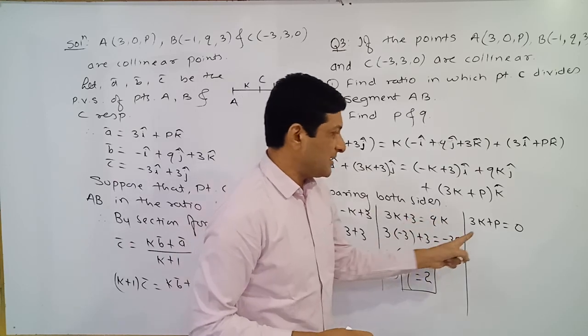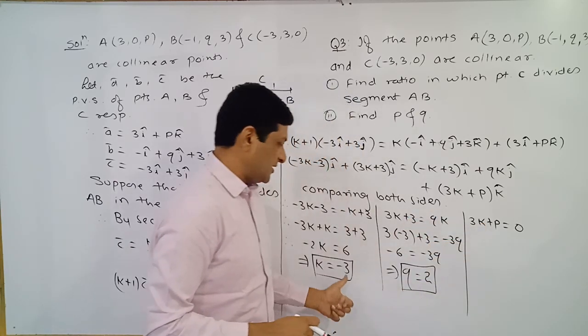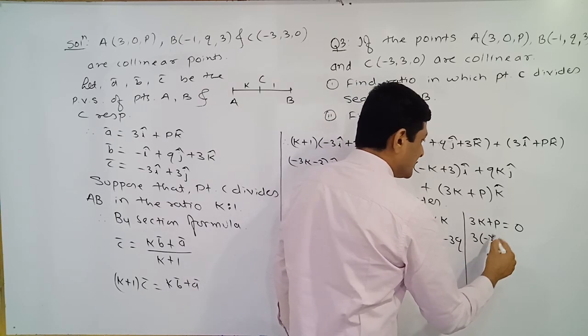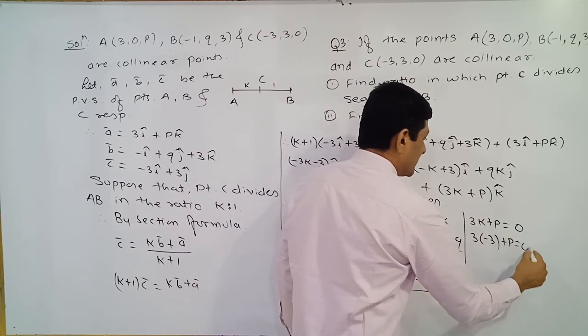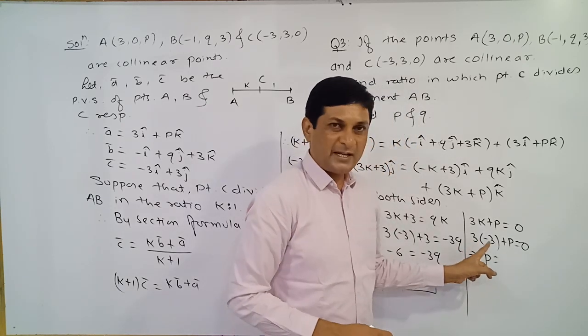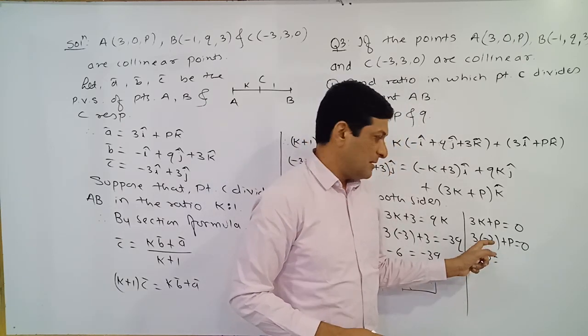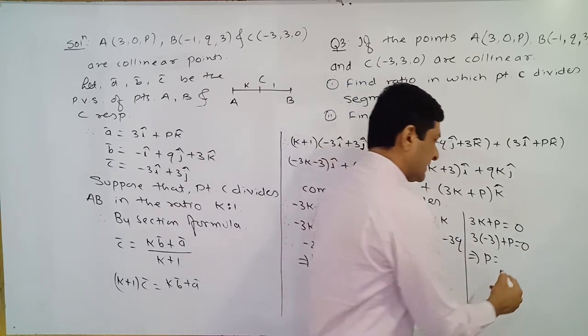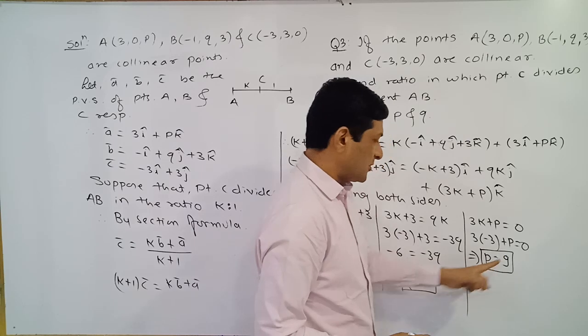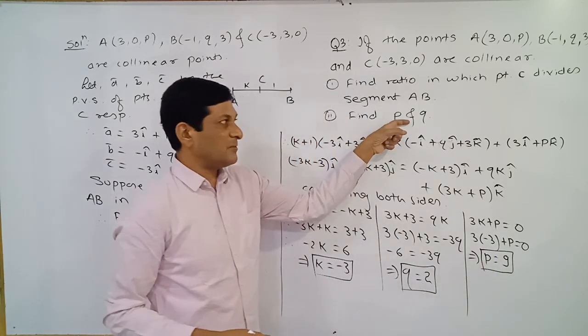So let us simplify it. Replace k by its value. What is the value of k? Minus 3. So 3 into minus 3 plus p is equal to 0, which implies that p is equal to. Now here 3 into minus 3 will be equals to minus 9. Minus 9 on this side will become plus 9. Means p will be equals to plus 9. So in this way we have got p also, q also. That is our one part.